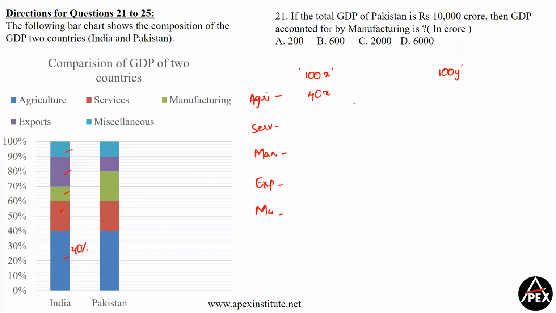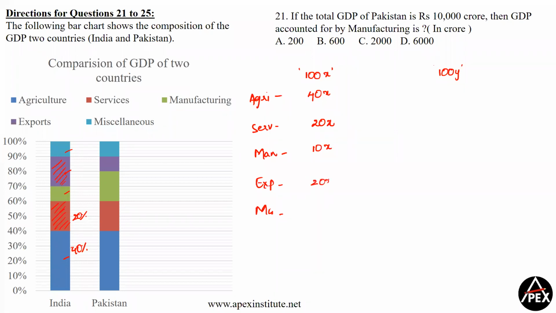And for services, 20x. Perfect. So you need to find this value. This is 20%, isn't it? So for services, it is 20x. Okay. And for manufacturing, 10x, 10%. Okay. For exports, this part, this represents 20x.